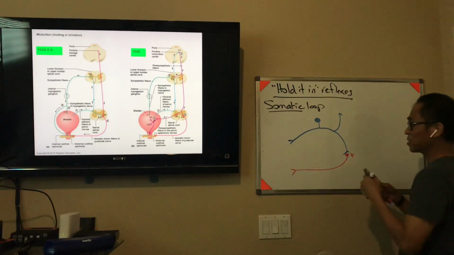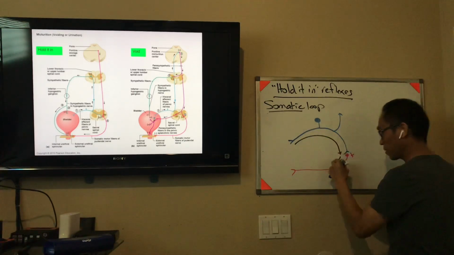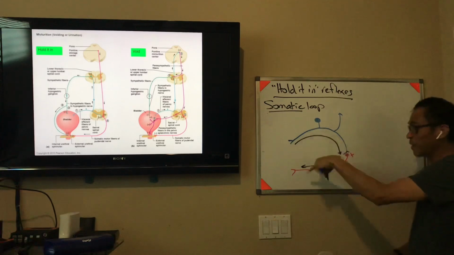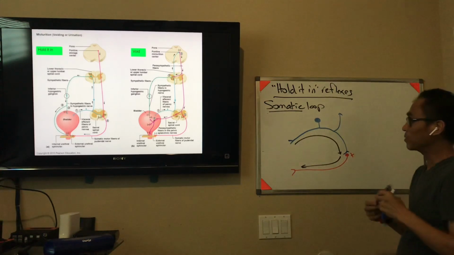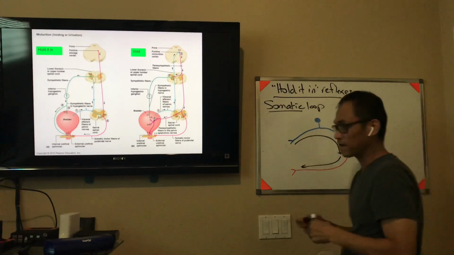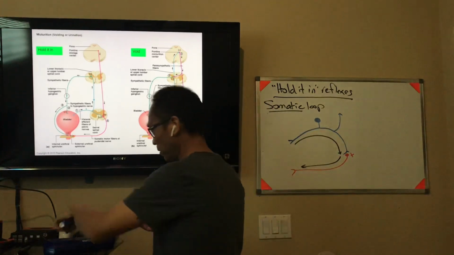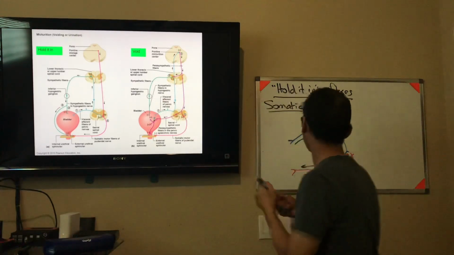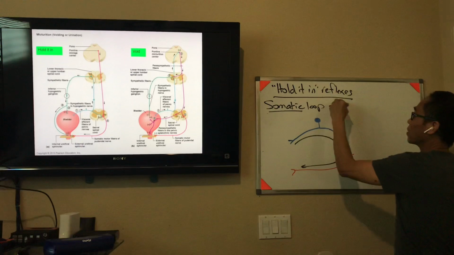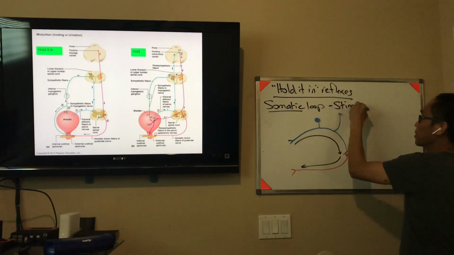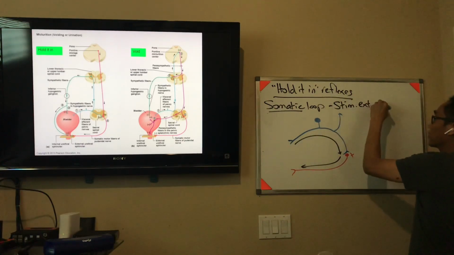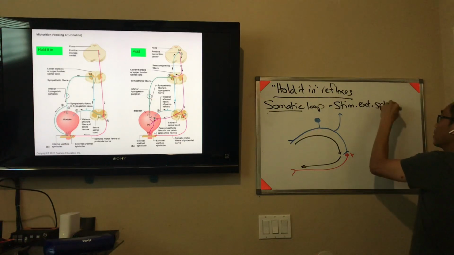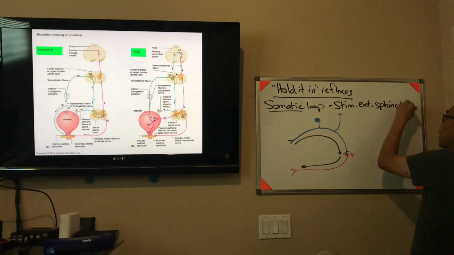So this is the loop right there and right back out to the external sphincter. That's the loop. So the net effect of that loop is you're stimulating the external sphincter. That helps you hold it in.